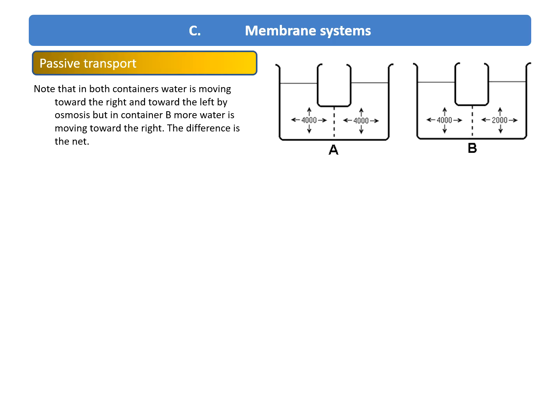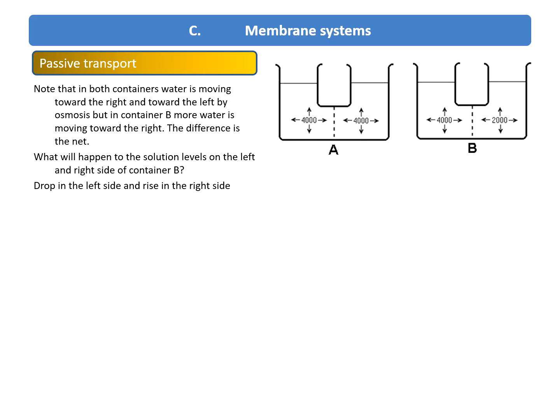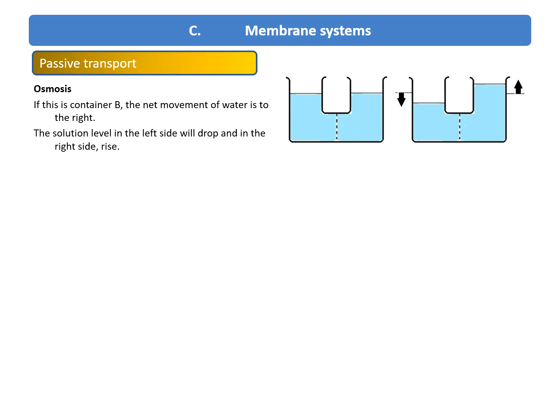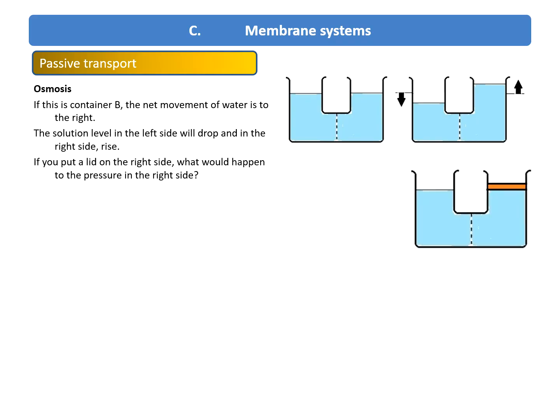The difference is the net. What will happen to the solution levels on the left and right side of container B? The left side will drop and it will rise on the right side. If this is container B, the net movement of water is to the right. The solution level on the left side will drop and on the right side will rise.